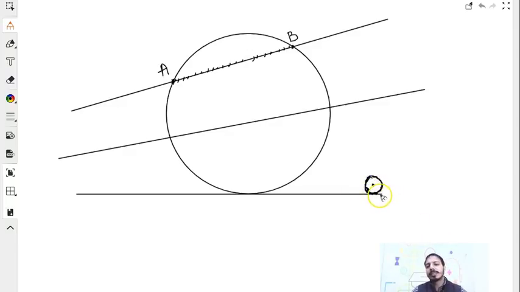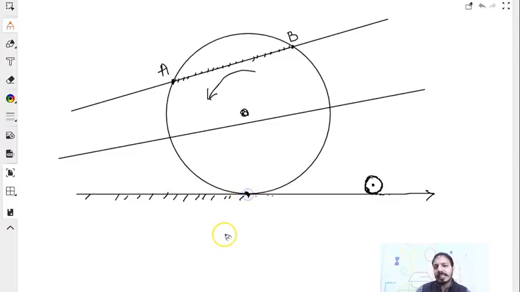That is how you can visualize circles and tangents in your day-to-day life. Let us say this is a wheel, rotating in this way, and this is my road. So this particular line is known as a tangent.